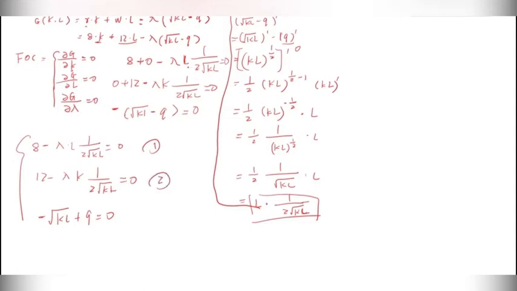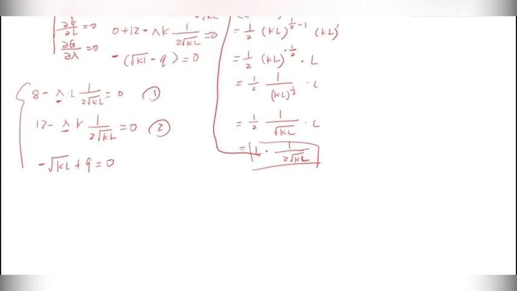For equation 1 and equation 2, we have a lambda, so we can rewrite it. 8 equals lambda L times 1/2 times 1/2 K square root of KL; 12 equals lambda times K over 2 times square root of KL.